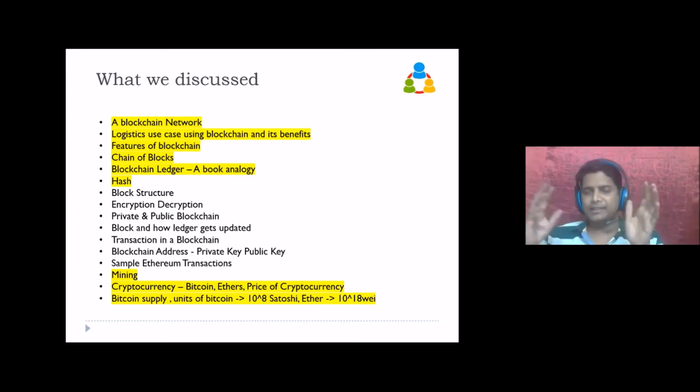told that blockchain is nothing but a chain of blocks, and then we compared a blockchain ledger to a book, wherein you have multiple pages, line numbers, page numbers, and the records written inside a page. Okay.